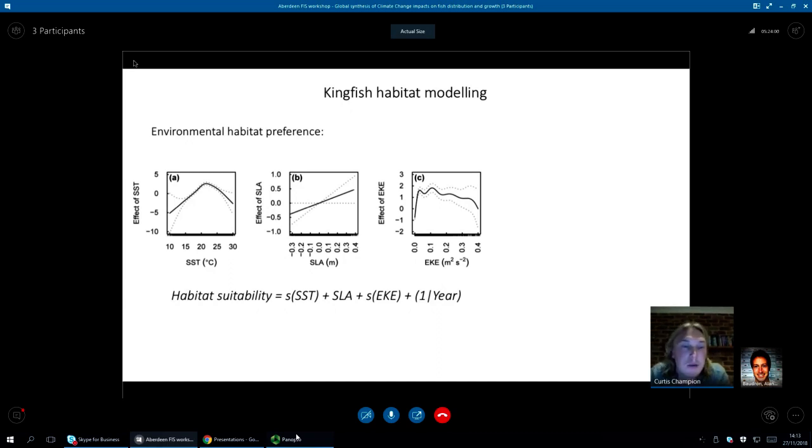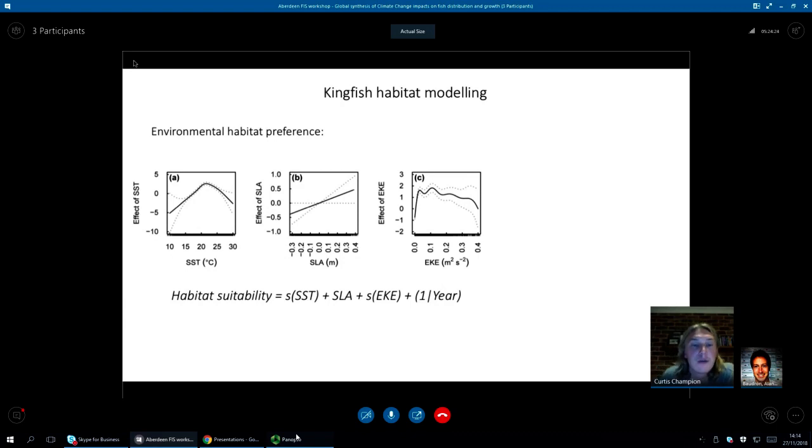We had zeros and ones in our data set, and we were able to tease out these relationships with environmental data. So you can see with sea surface temperature, this animal had a peak occurrence around 21 degrees, essentially a positive relationship with sea level anomaly, and a more complex relationship with eddy kinetic energy.